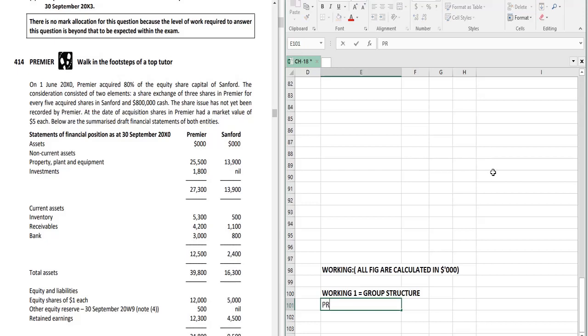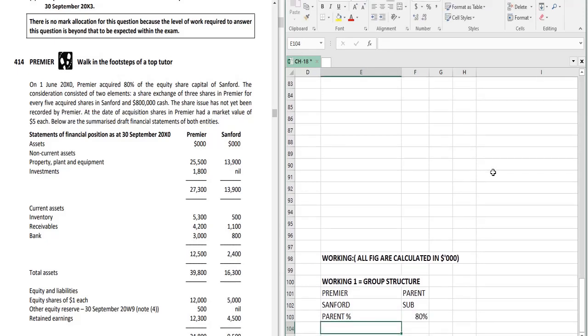We will write here: Premier equals parent company and Sanford equals subsidiary company, and percentage acquired by parent equals parent percentage, 80%. Then NCI percentage equals 20%.